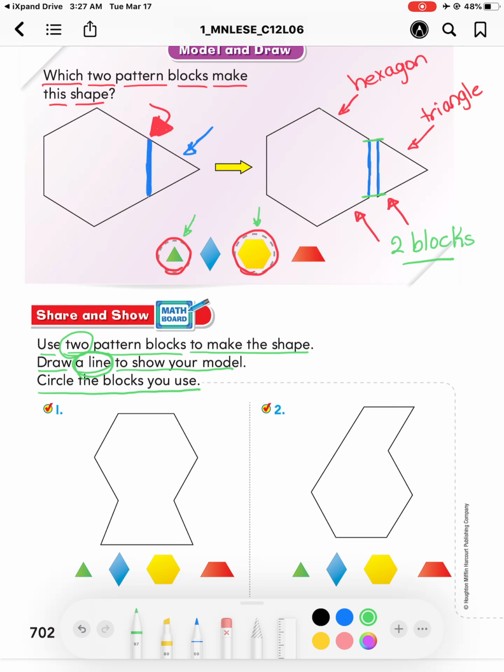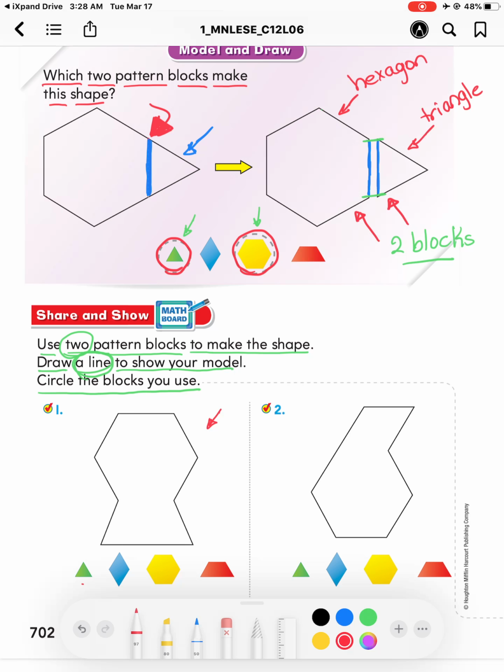Okay. Now here, question number 1. I want you to think about it. Which two shapes can we use in order to have this shape? Is it triangle? Can we use two triangles?